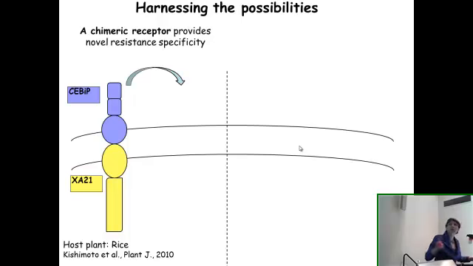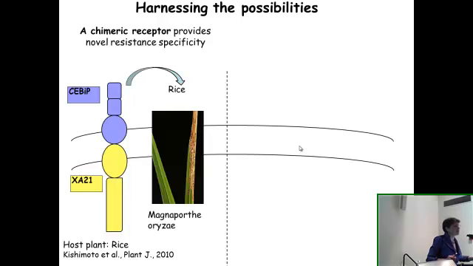And there's a group in Japan that used a chitin binding domain and fused that to the XA21 intracellular kinase domain. And they took that genetically engineered receptor, they transferred it to rice, and they were able to show that this rice plant confers resistance to rice blast.